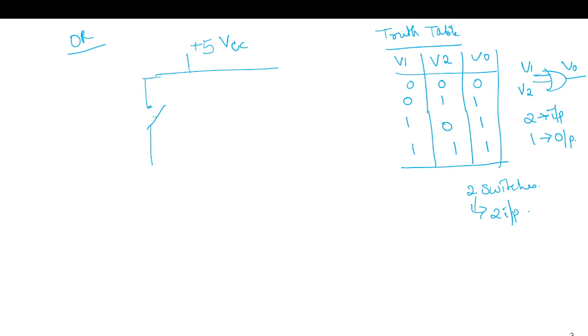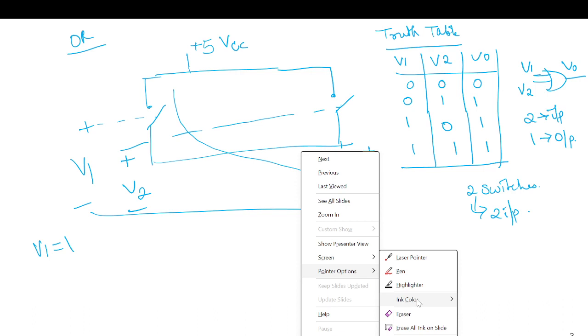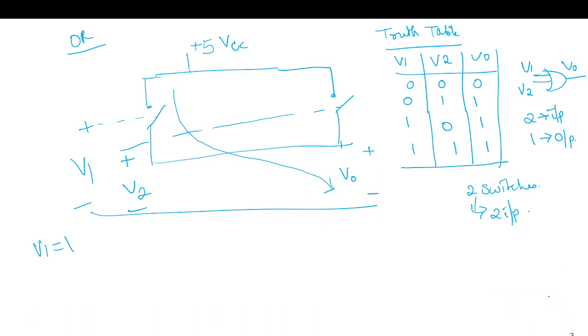So now when this switch is on, the output will be 5 volt. If there is another switch, you need to connect it in parallel, because now if any one of the switches is on, like if V1 is 1, this will have a path, or say V2 is 1, then there will be a path from here.